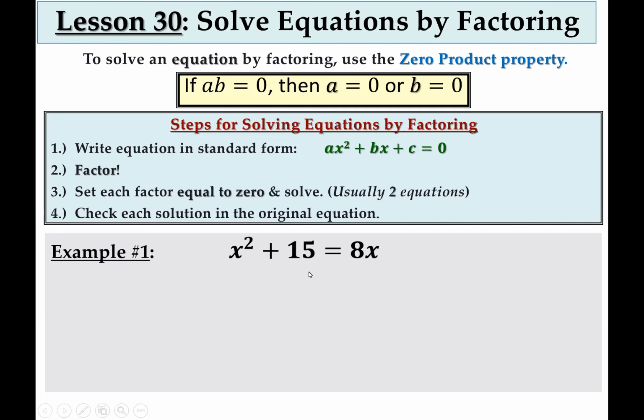So example number 1 looks like this. x squared plus 15 equals 8x. Okay, so a couple of things right away. You might be, at this moment, remembering some things you learned about solving equations before. Do I have to get x on one side, get x by itself?